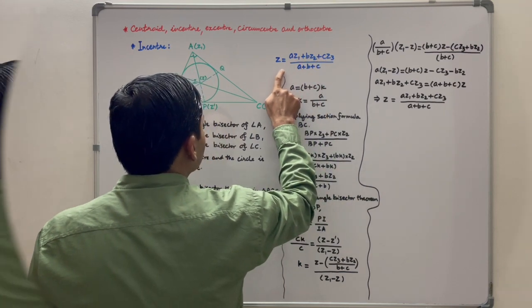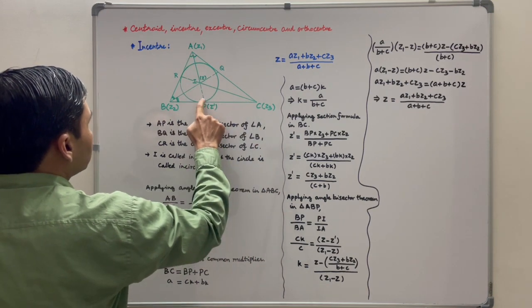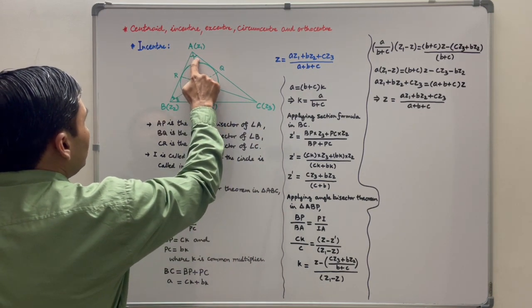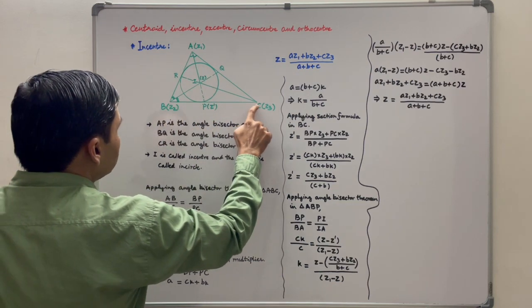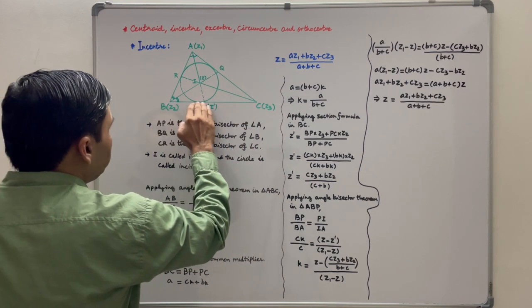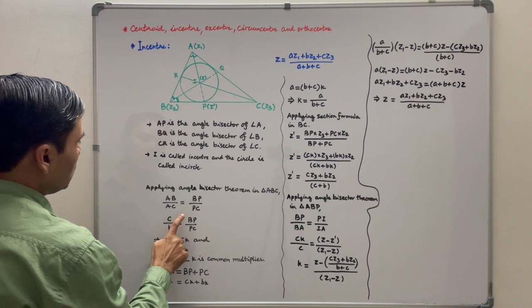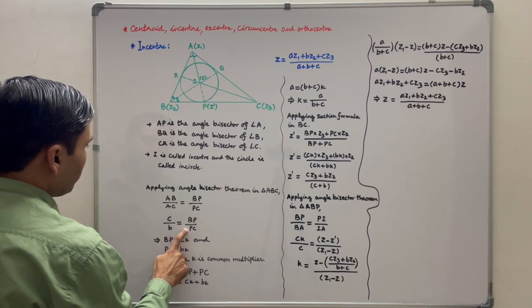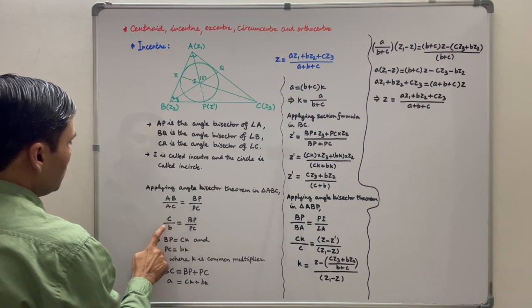Let us prove it. In triangle ABC, AP is the angle bisector of angle A. So we can apply the angle bisector theorem in triangle ABC and say that AB upon AC is equal to BP upon PC, or c by b is equal to BP by PC. So BP and PC are in the ratio c is to b.